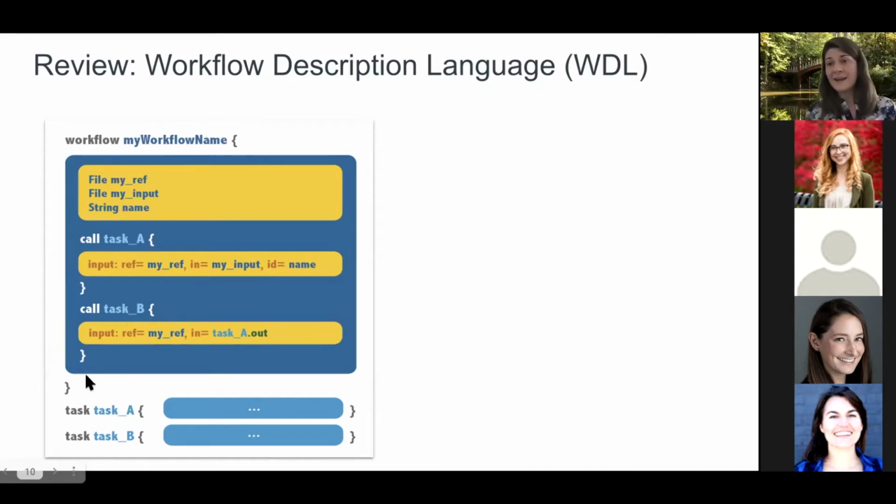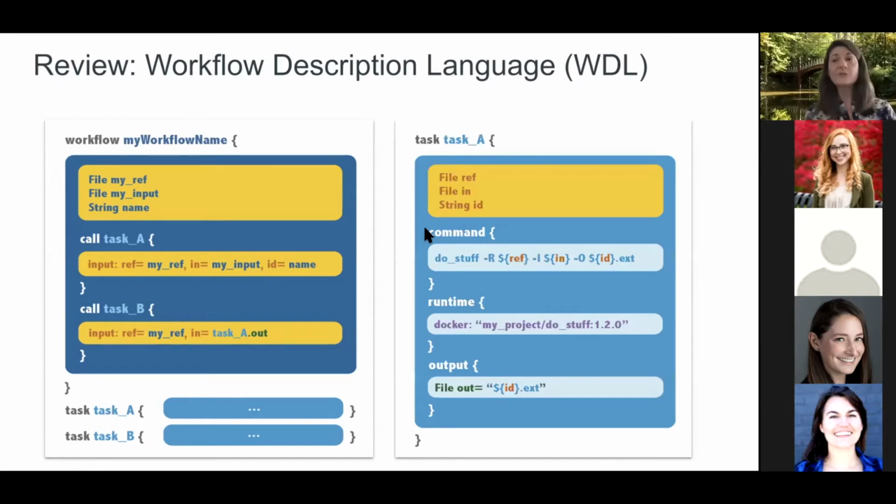Tasks can be defined in the main WDL, right next to the workflow definition, or they can be written into their own WDL scripts. Tasks look pretty similar to the workflow definition, in that they also take in inputs, but they have some additional sections. They'll have a command section. This is where you take in your inputs and tell your software what you want to do with it.